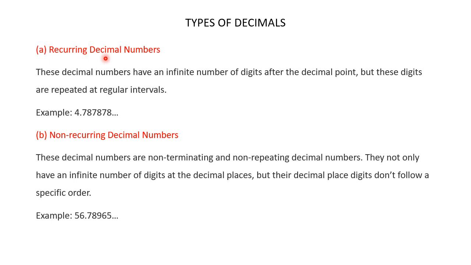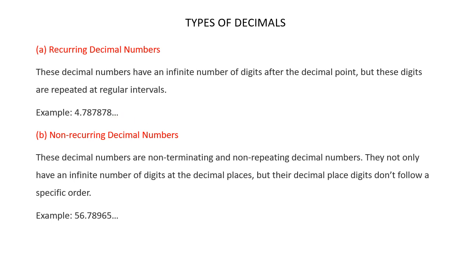Recurring decimal numbers are decimal numbers that have an infinite number of digits after the decimal point, but these digits are repeated at regular intervals. Look at this number 4.78, 78, 78, and so on. This is a recurring decimal number because there is an indefinite number of digits after the decimal point.